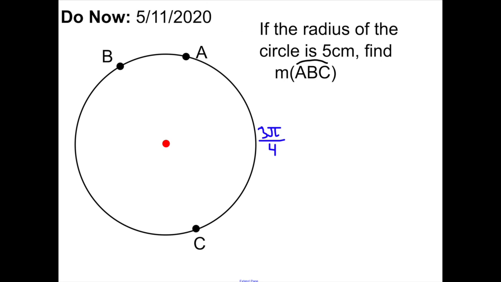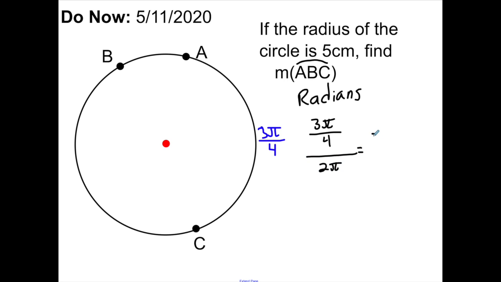A couple things are at work here. First, we have 3 pi over 4, which means we're working in radians. So if AC is 3 pi over 4, remember, how many total radians in a circle? 2 pi.